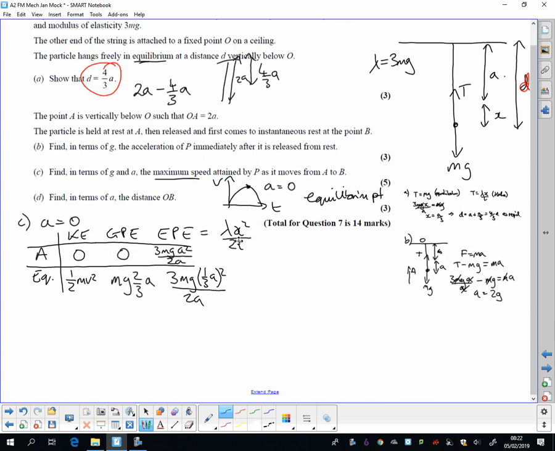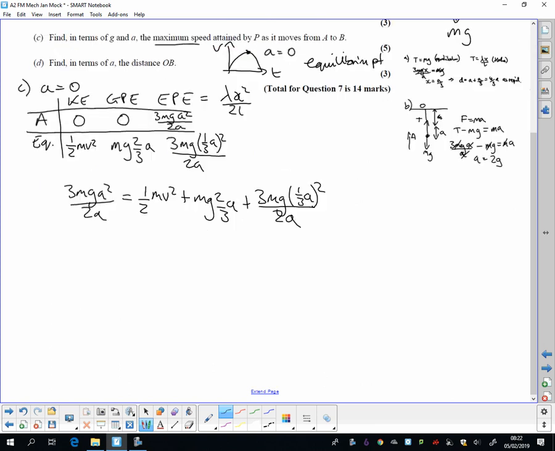Now we can take all our types of energy. What should happen is that the elastic potential energy at the start is converted: some of it will be kinetic, some gravitational, and some of it will be left as elastic potential. So we've got that equals our types of energy at the end. Then all we've got to do is solve for all of this.